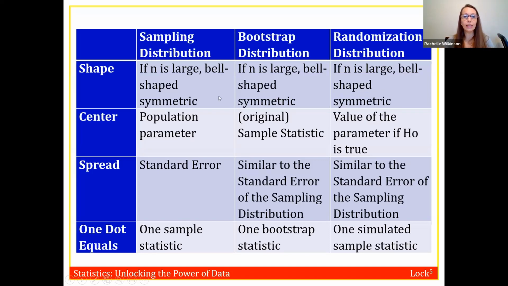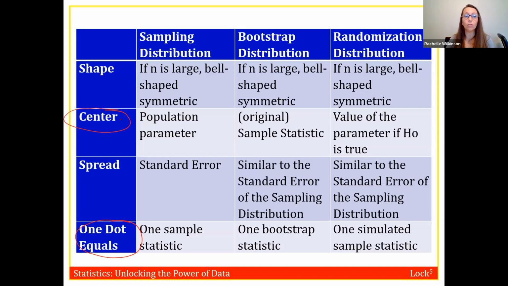Okay, so looking at these three distributions here, you can see that the main differences between them are, first of all, the centers are all very different. And then what one dot equals, which goes along with how it's constructed.